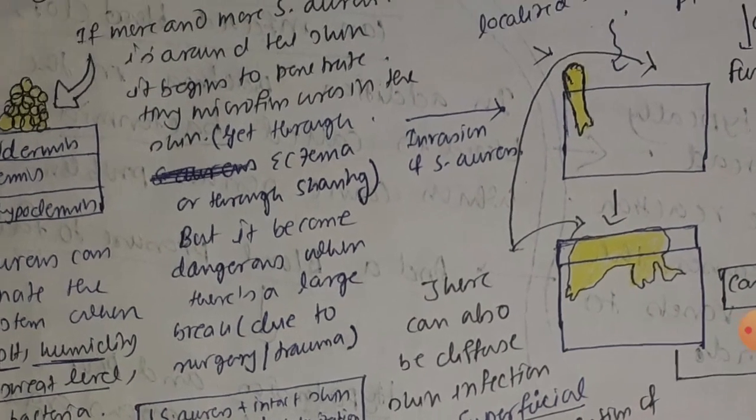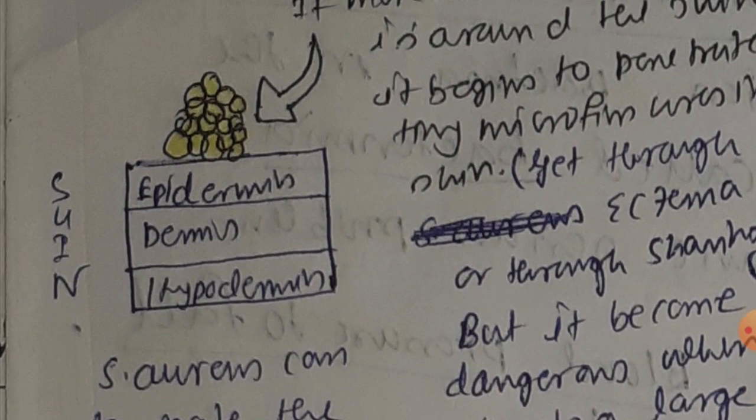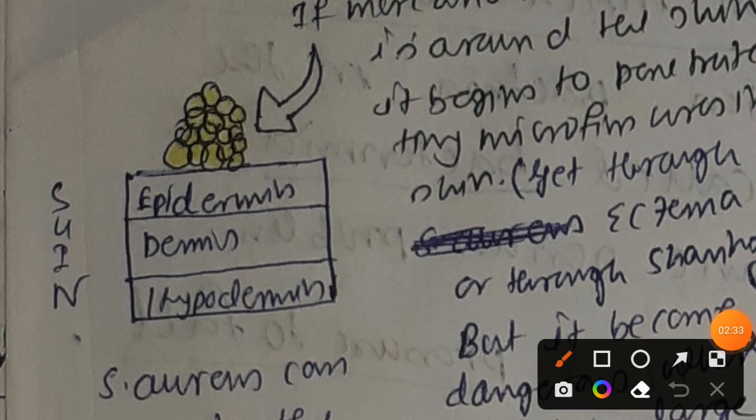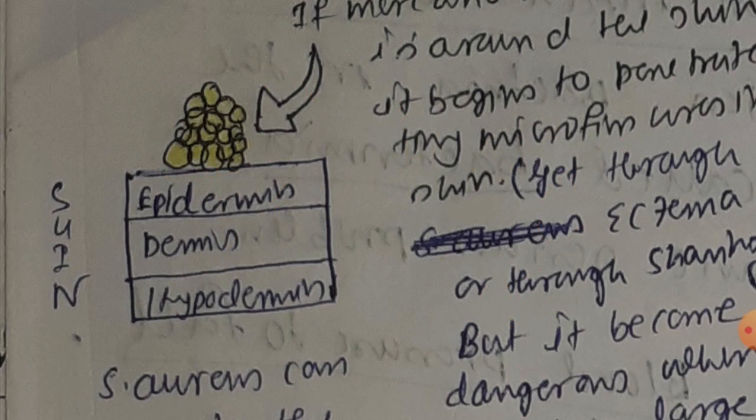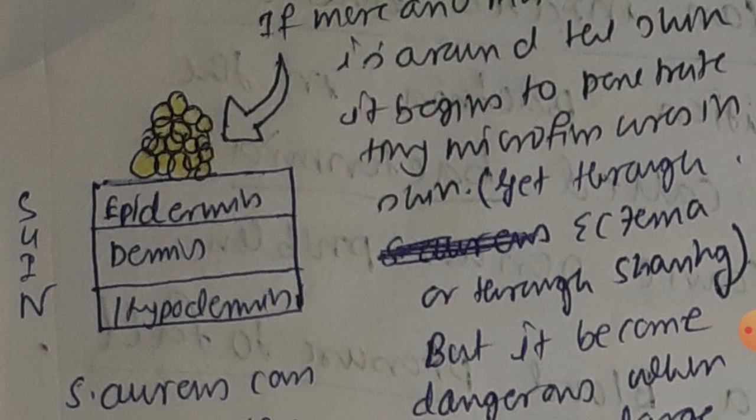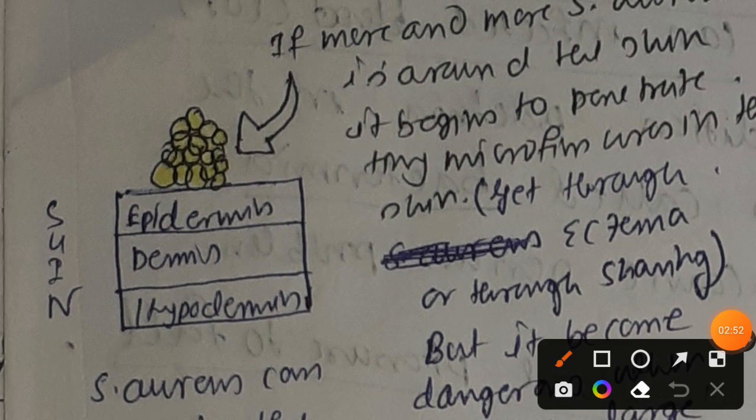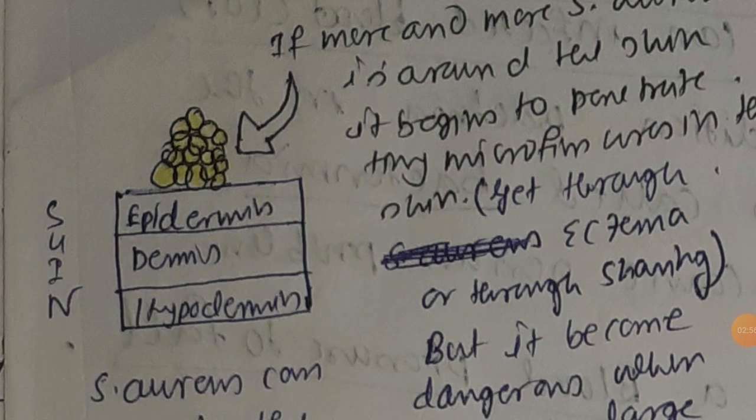And when there is too much Staphylococcus aureus on the skin, they try to penetrate through tiny microfissures. These tiny microfissures are present in the skin because of eczema or maybe due to shaving.